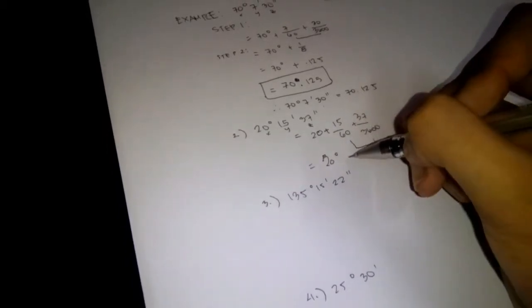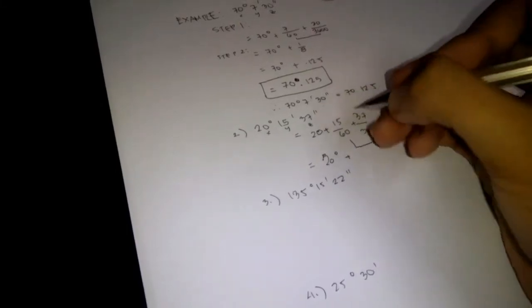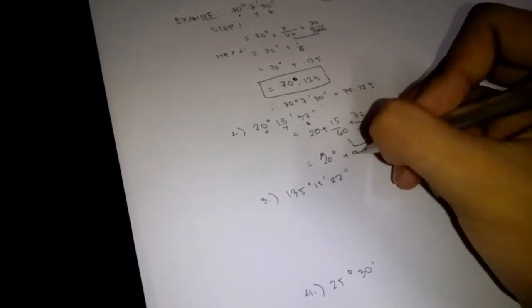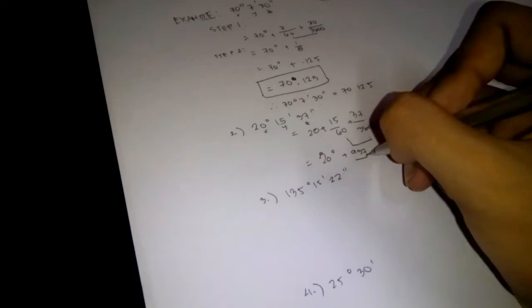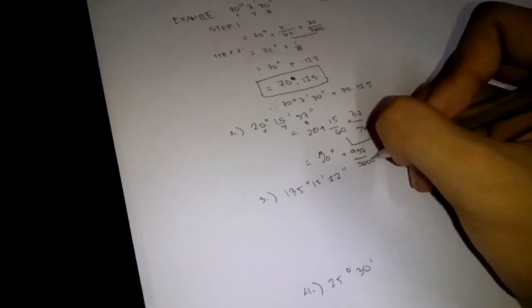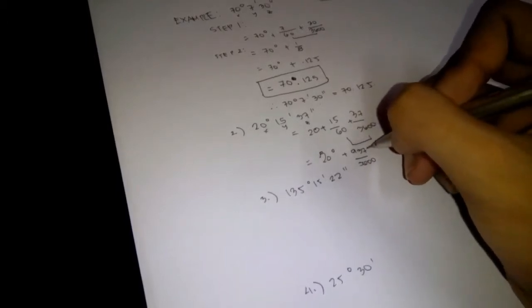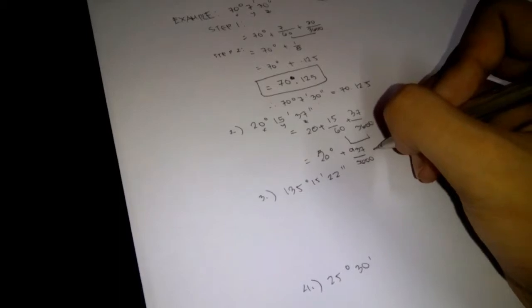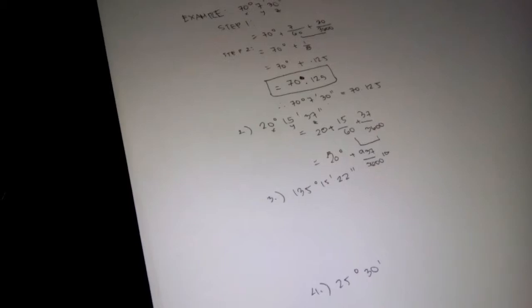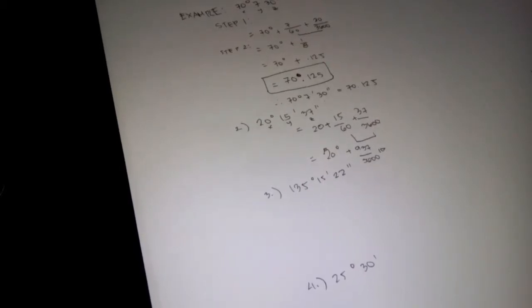So copy 20 degrees, plus 937 over 3600. Convert this to decimal. So it will be 0.26027777778. You only need hundredths, so it will be 0.26.